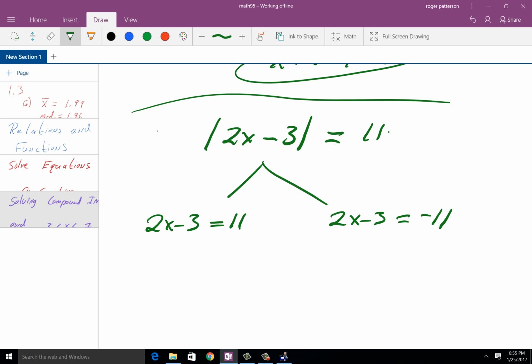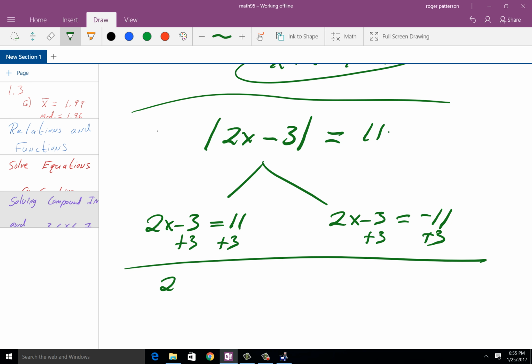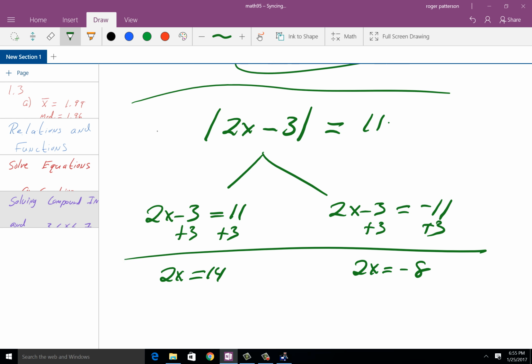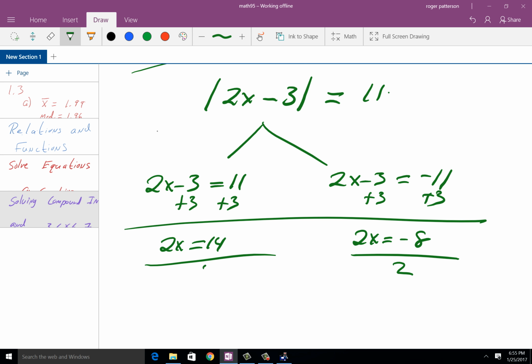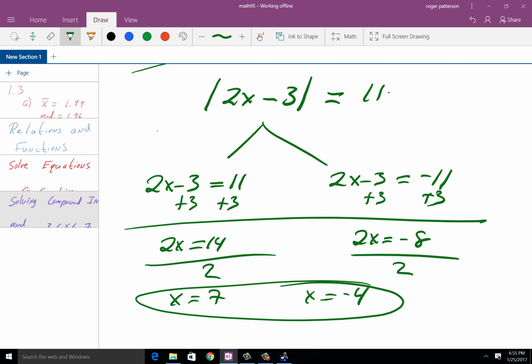So then we just solve it, right? And if you graphed it, it would verify those. Okay. So we're just breaking it up into two cases, the positive part and the negative part, and working it out from there.